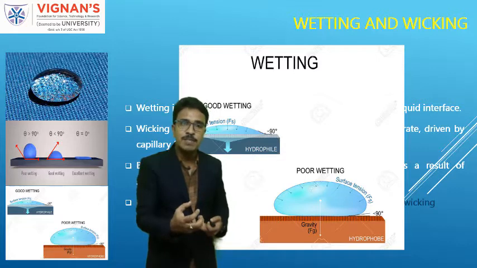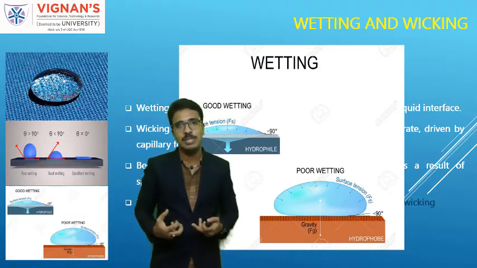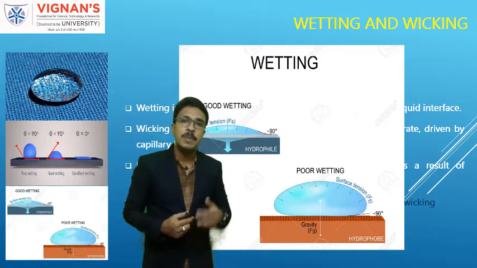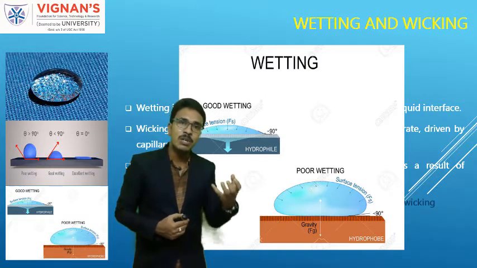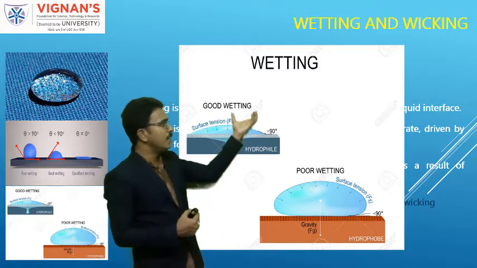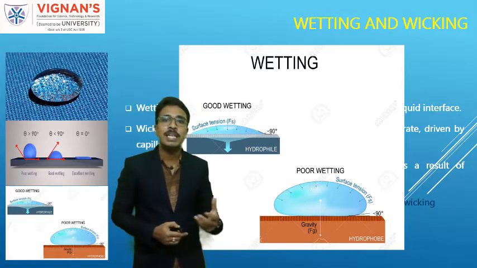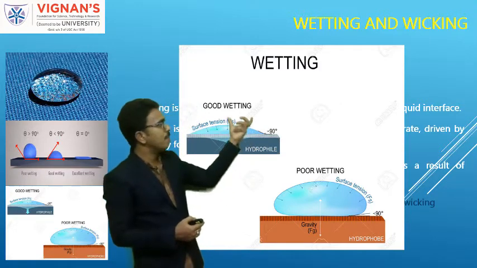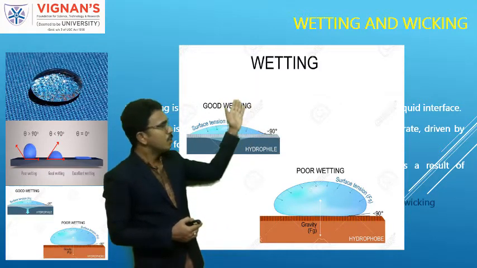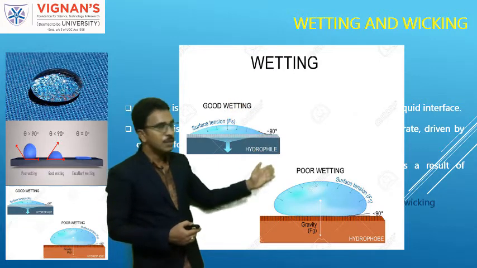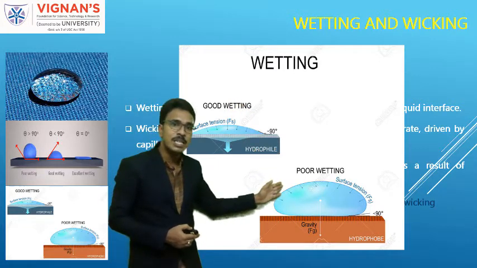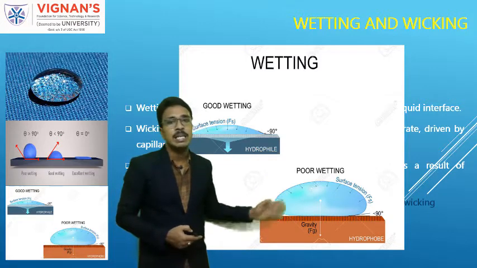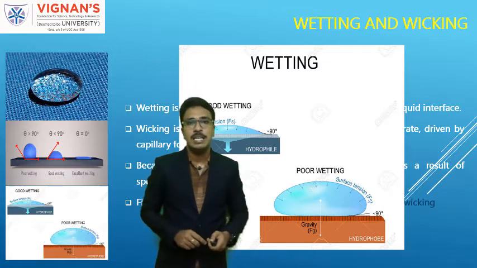A surface which will not absorb water droplets is called a hydrophobic surface. Depending on whether the surface is hydrophilic or hydrophobic, the wetting phenomenon will differ. In the case of hydrophilic surfaces, we can see good wetting taking place. In the case of hydrophobic surfaces, you can clearly see poor wetting taking place. That is the difference here.